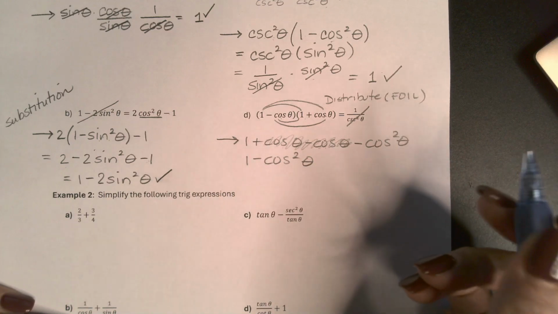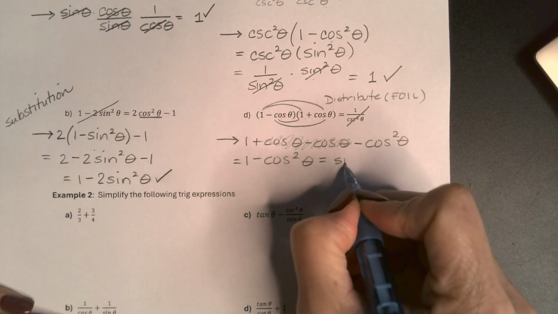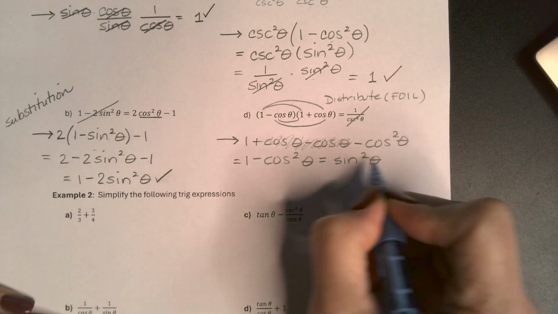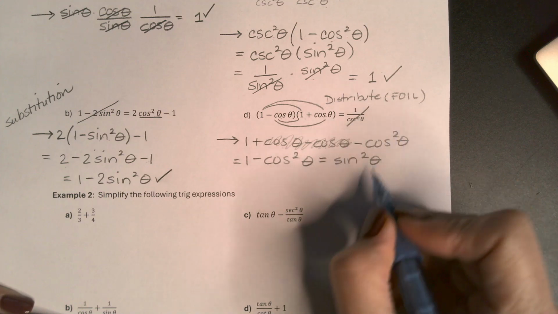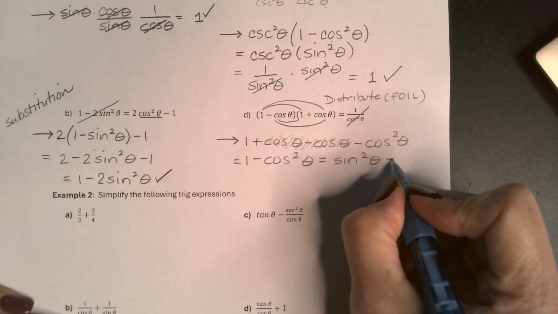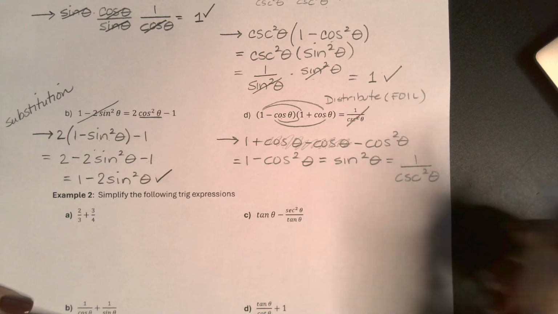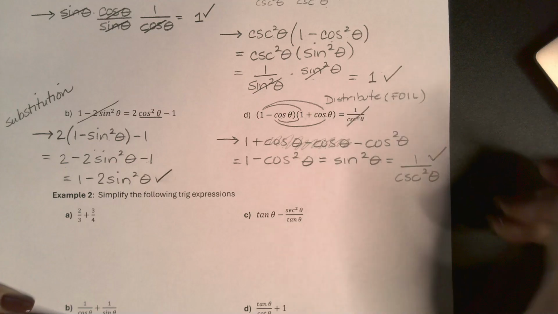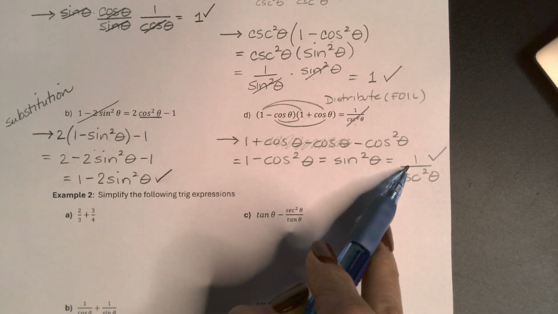But y'all know that that's a Pythagorean identity of sine squared theta. And that is definitely the reciprocal of cosecant squared theta. And so once you have written the answer to your problem by striking it out, you know to stop.